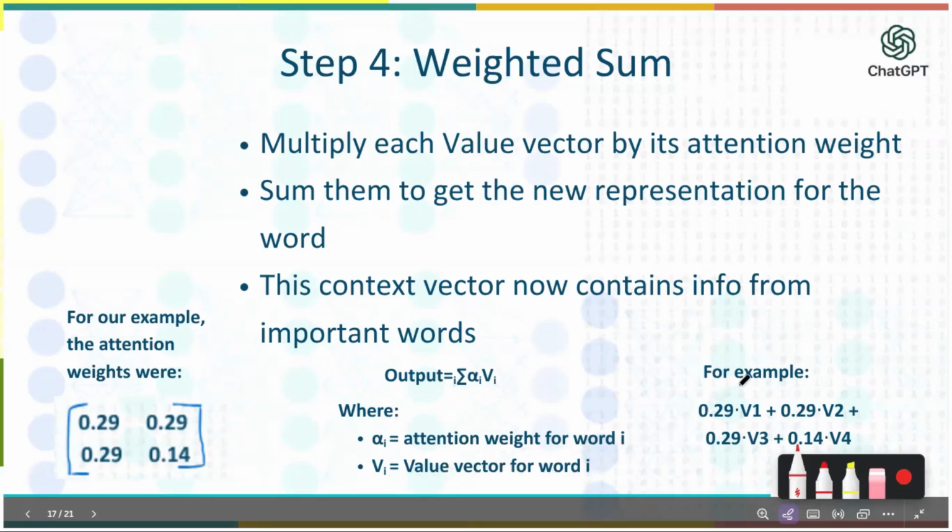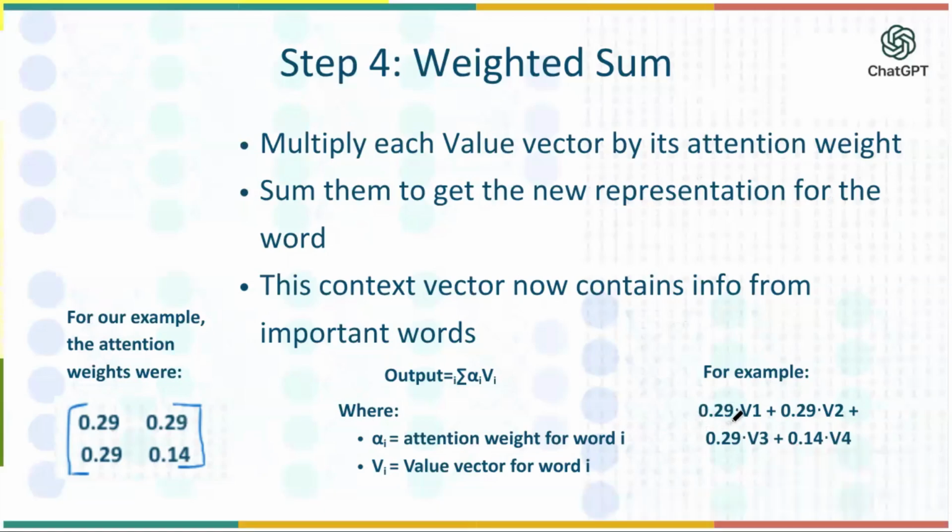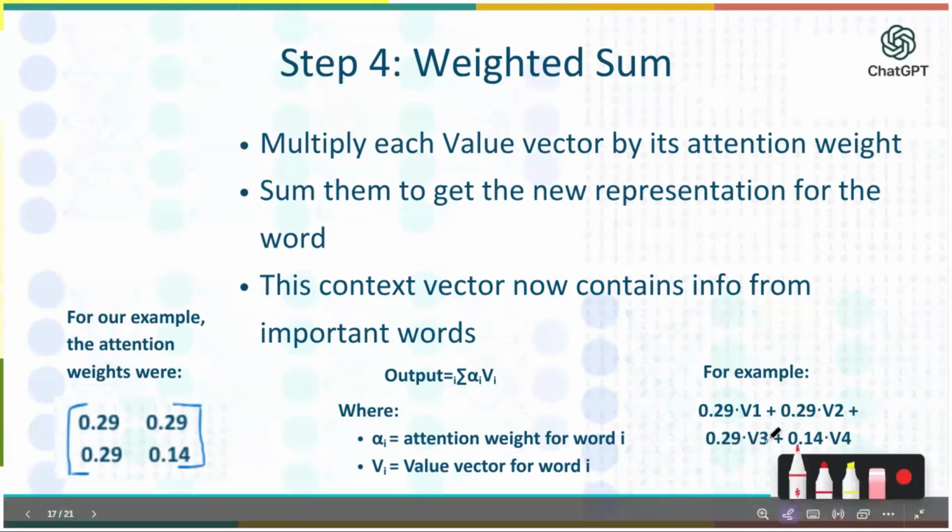So in our example, 0.29 dot V1, which means multiply by V1, value 1, plus 0.29 times value 2, plus, and so on. So this is the final output of the token. Finally, we add them all together.